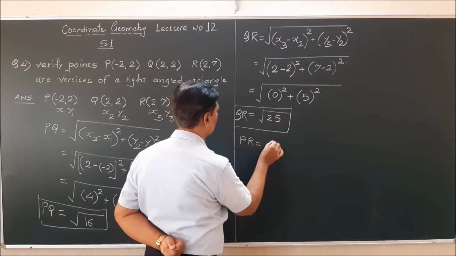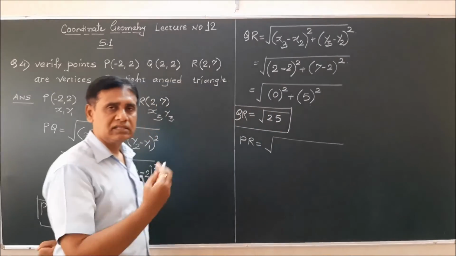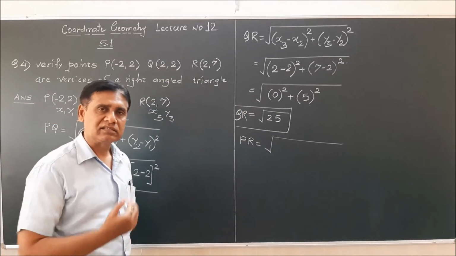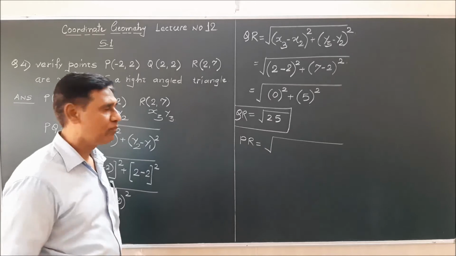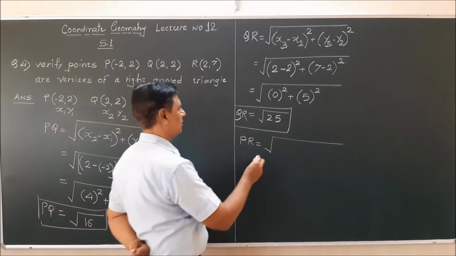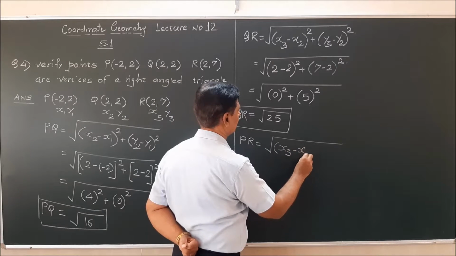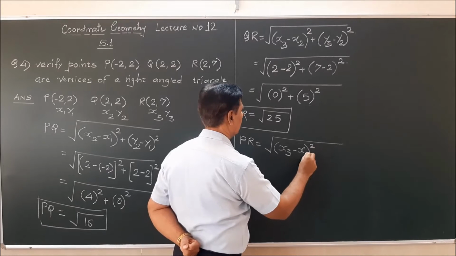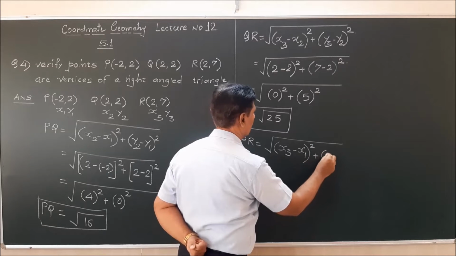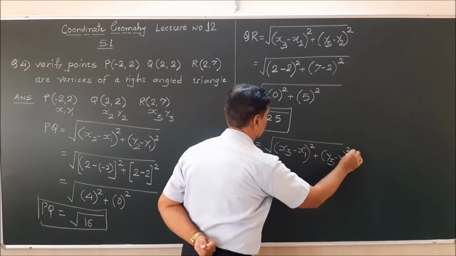PR is equal to, by the distance formula only, R is the next, or I can say the second coordinate. Therefore, (x3 minus x1) the whole square plus (y3 minus y1) the whole square.